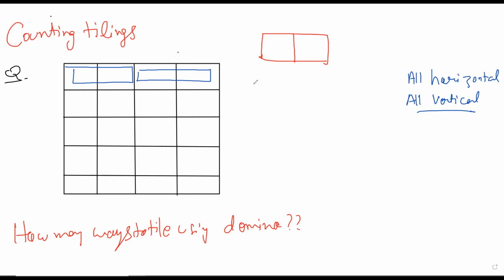The question is how many ways you can fill this 5 by 4 grid. I'm saying that if I start my tiling with two horizontal dominoes in the first row, then how many more options do I have to fill this?